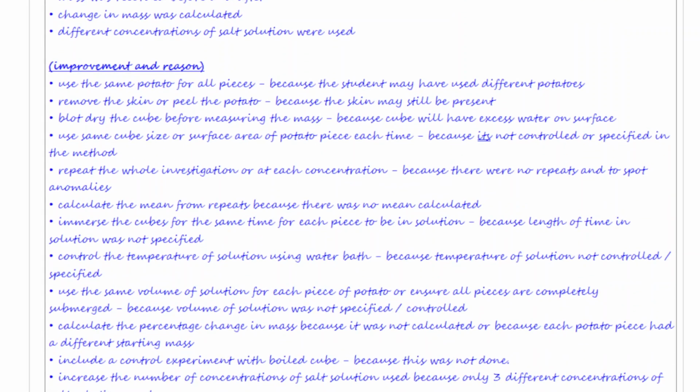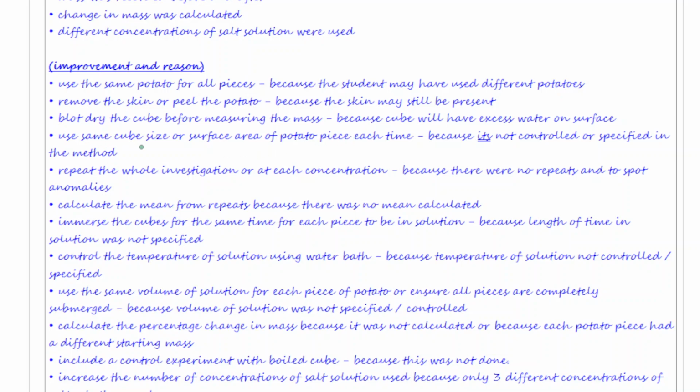The improvements: use the same potato for all pieces, because the student may not have used different potatoes. Remove the skin or peel the potato, because the skin may still be present. Blot dry the cube before measuring the mass, because the cube will have excess water on the surface.